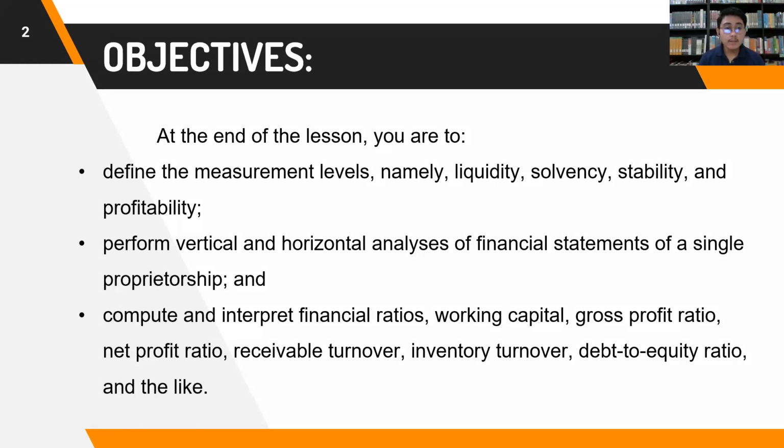Another thing is you need to perform vertical and horizontal analysis of financial statement of a single proprietorship, and last, compute and interpret the financial ratios: working capital, gross profit ratio, net profit ratio, receivable turnover, inventory turnover, debt to equity ratio, and the like. So yan po yung magiging objective natin ngayong recorded video discussion.